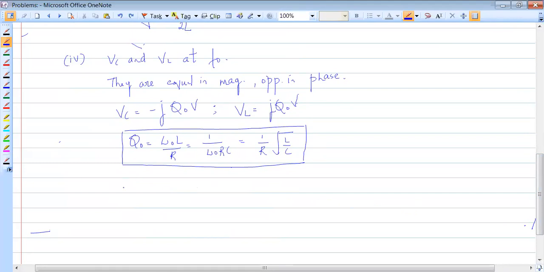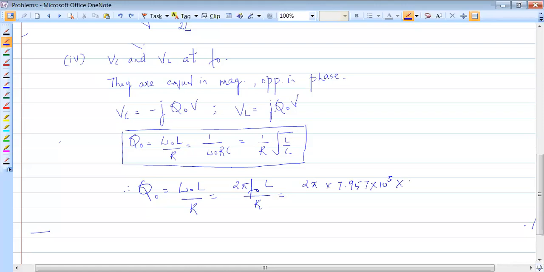Now see here. Therefore, Q naught, I'll use the first equation, that is omega naught L by R. What is omega naught? Omega naught is 2 pi f naught. F naught is not given, but that is something that we have found out, and that we have found to be 7.957 kilohertz.